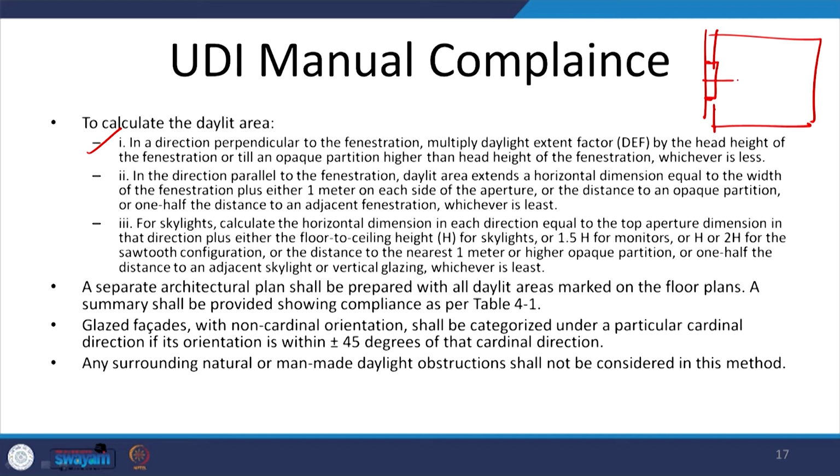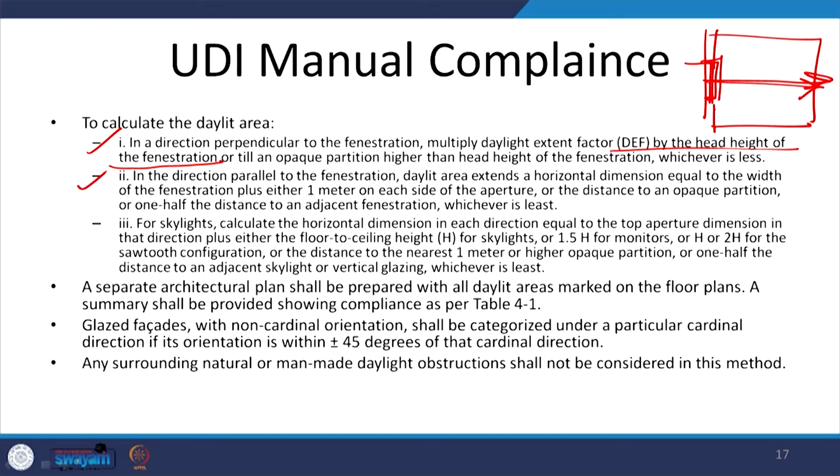In the direction which is perpendicular to the fenestration, the length of this area which will be daylit is calculated by multiplying the DEF by the head height of the fenestration or till an opaque partition is present, whichever comes earlier. So, multiplying the DEF with the head of the window, we can calculate the perpendicular distance up to which the daylight will be available.